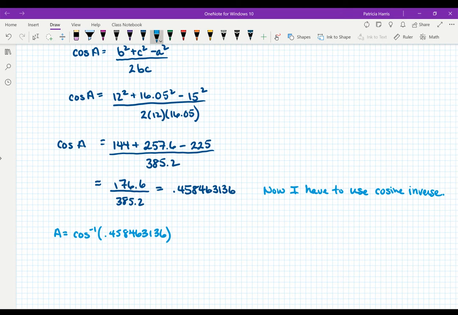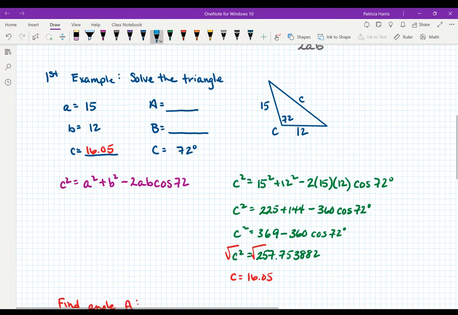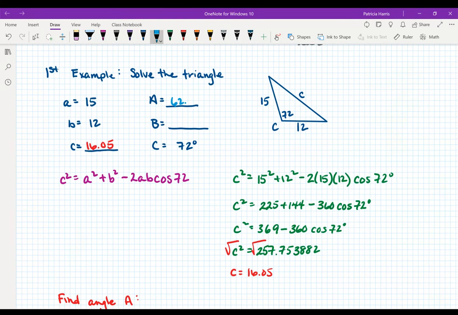And I get 62.7 degrees. Okay, so now we're back up here, and I know that's 62.7.